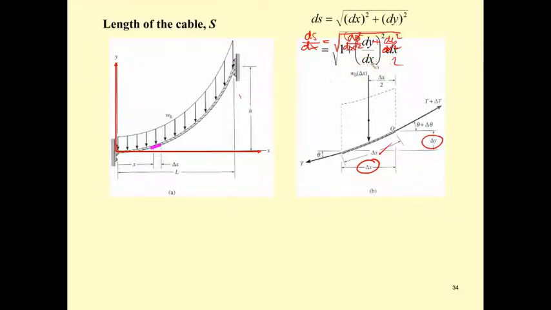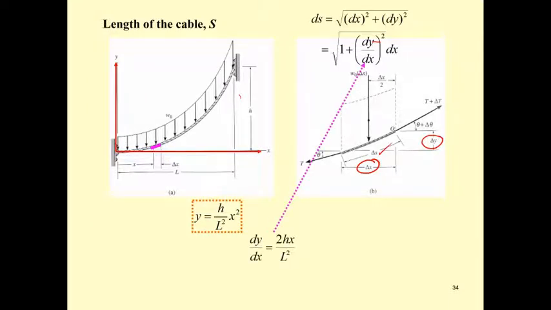You just realize this, you get this equation, right? And then you just move the dx and multiply it. By doing this, coming into this cable equation in the form of the dimension of the cable, you do the differential of this. dy by dx is going to be h over L square times 2x, and it's going to be 2hx over L square.